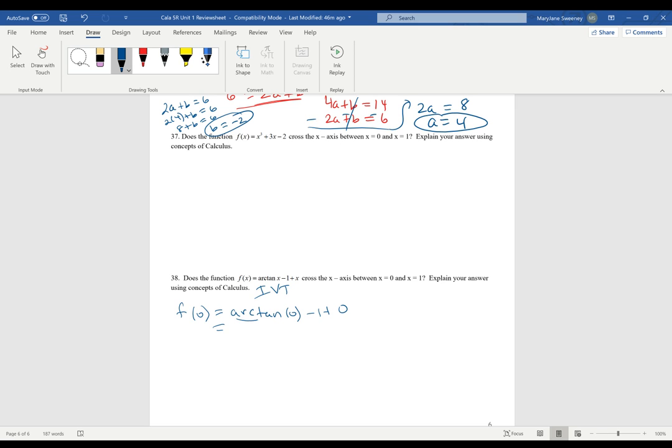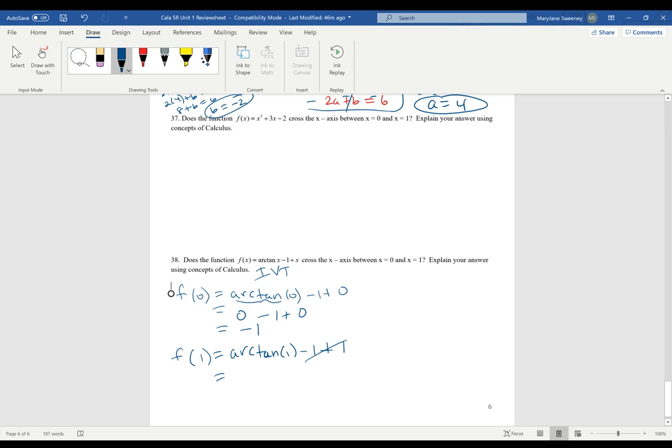Well, tan is 0 at 0 degrees or 0 radians. So this is -1. F of 1 is arctan of 1 minus 1 plus 1. All right, minus 1 plus 1, that cancels to 0. Arctan of 1 means where is tan 1? Well, tan is 1 at pi over 4.